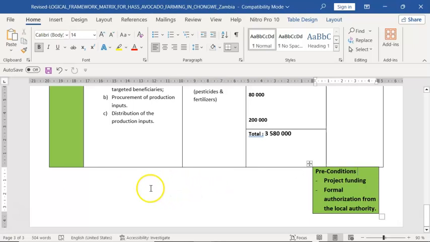That's the logical framework, and please go through it systematically. None of the elements here should be omitted. Every single detail should be taken into consideration.